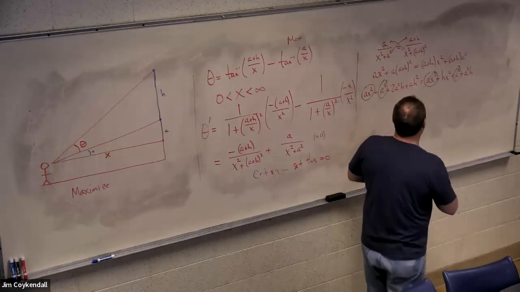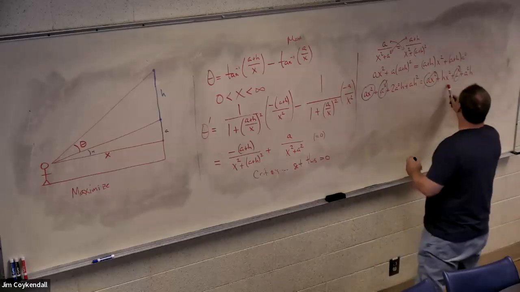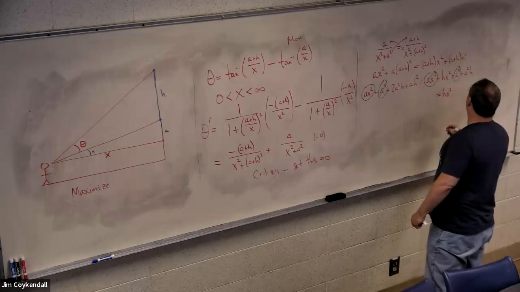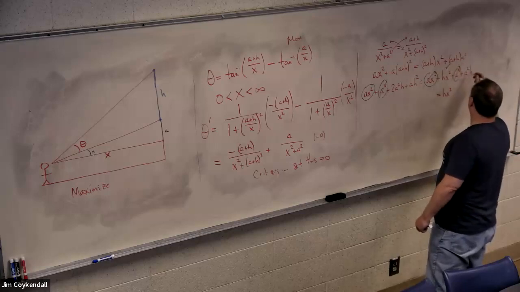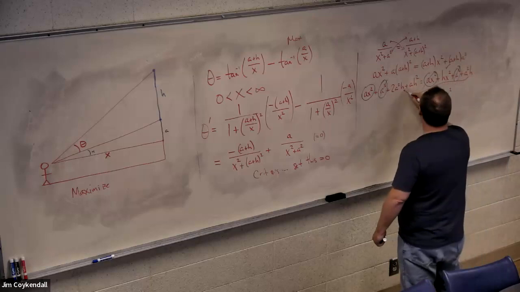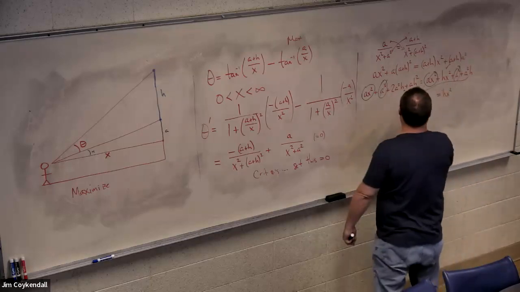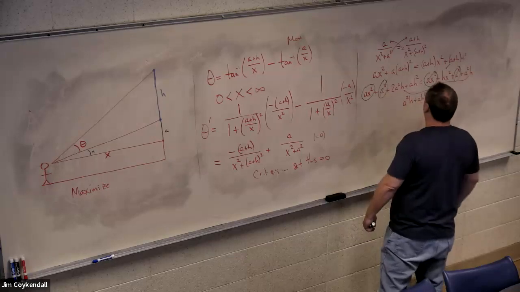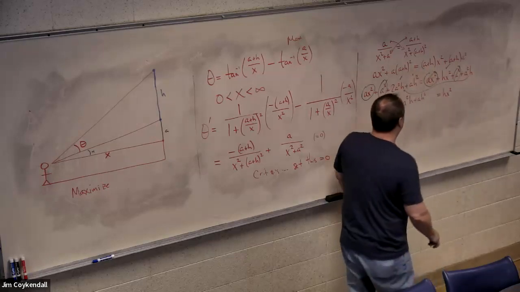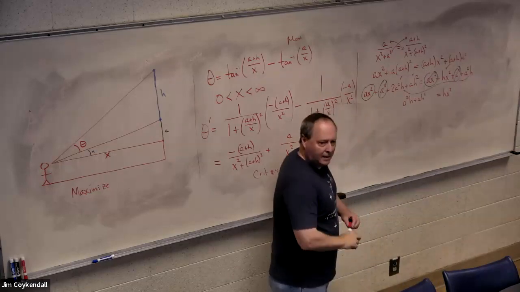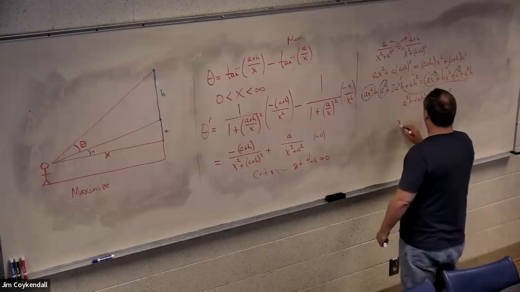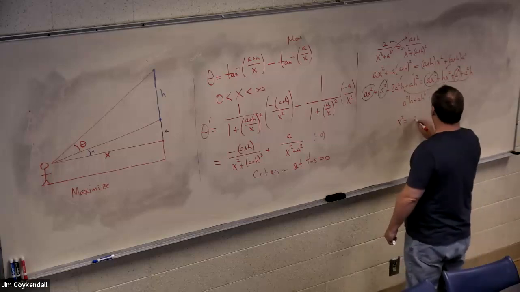So here's what I get. Hx squared over here. I'm going to take you over here, subtracting a squared h plus a h squared. Now divide by the h, and I get x squared equals a squared plus a h.